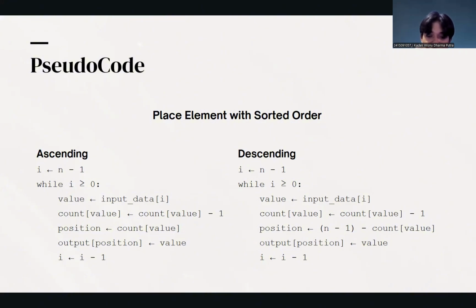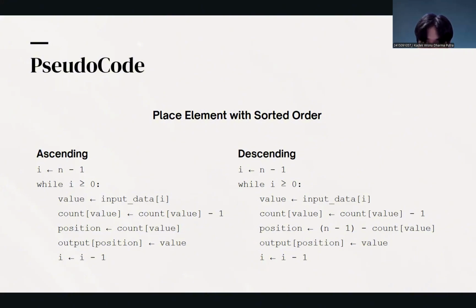You need to create the value variable with the input data array index I, and you initialize the count index value with the value of count index value minus 1, and you need to create a new variable with the name position with the value n minus 1 minus count index value.